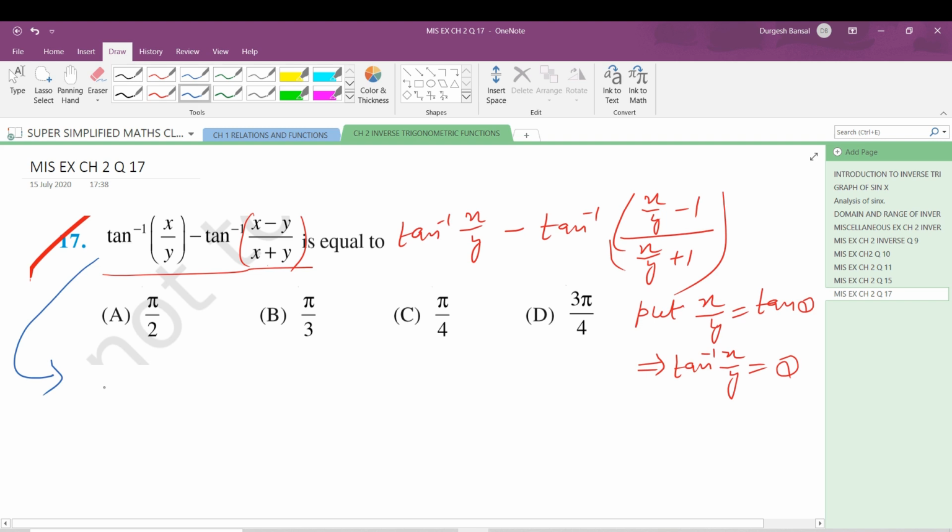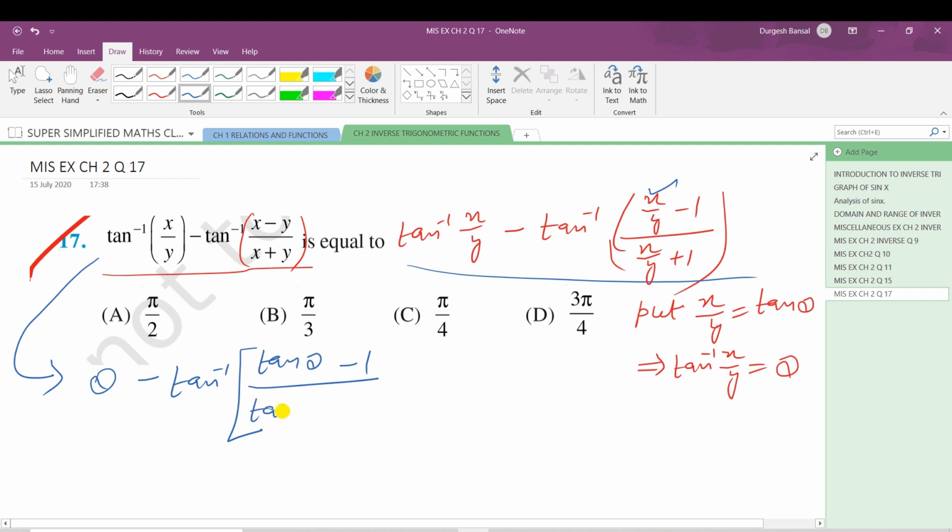So now this question becomes tan inverse x by y becomes theta minus tan inverse. Now look, we have already written this step. So x by y has been written as tan theta, minus 1 divided by tan theta plus 1. Now theta minus tan inverse, you can take negative common.